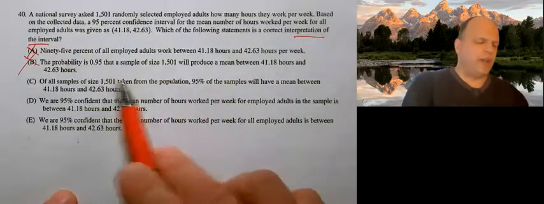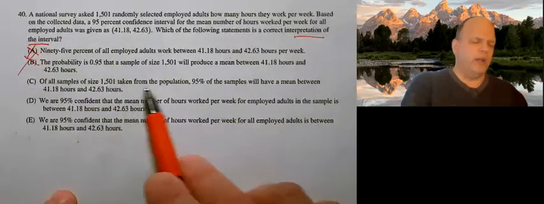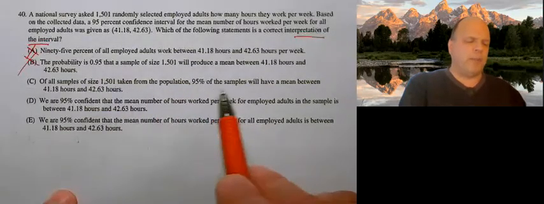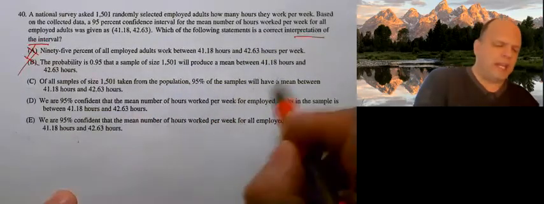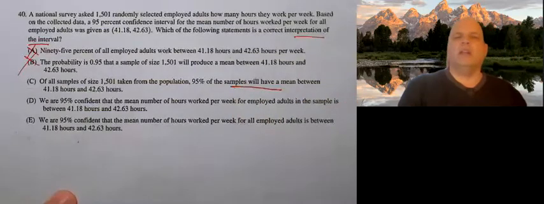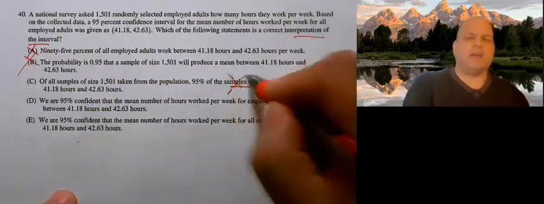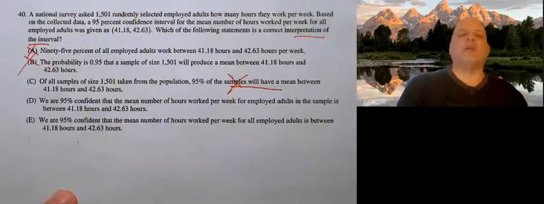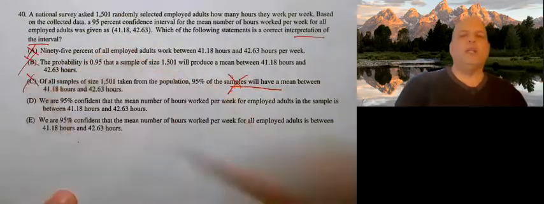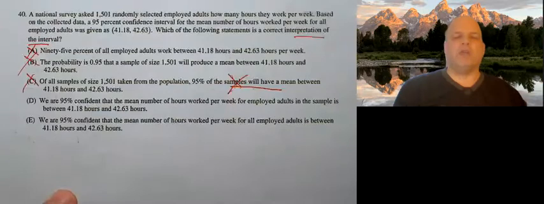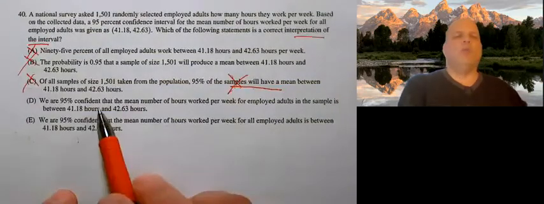Of all samples of size 1,501 taken from the population, 95% of the samples will have a mean. Wait a second. No, we don't make comments about the sample. We make comments about the population. We know the sample. We are estimating the population.